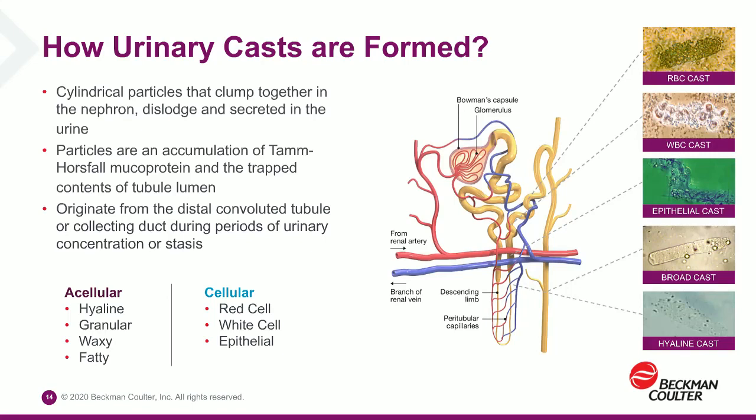The picture depicts the functional unit of the kidney known as the nephron, which is the glomerulus and tubule, with the tubule appearing yellow in this picture. A few of the different types of casts appear on the far right, with the dashed lines showing approximately where each type of cast is formed in the tubule, with some formed closer to the loop of Henle and others forming further along in the tubule in or near the collecting duct.